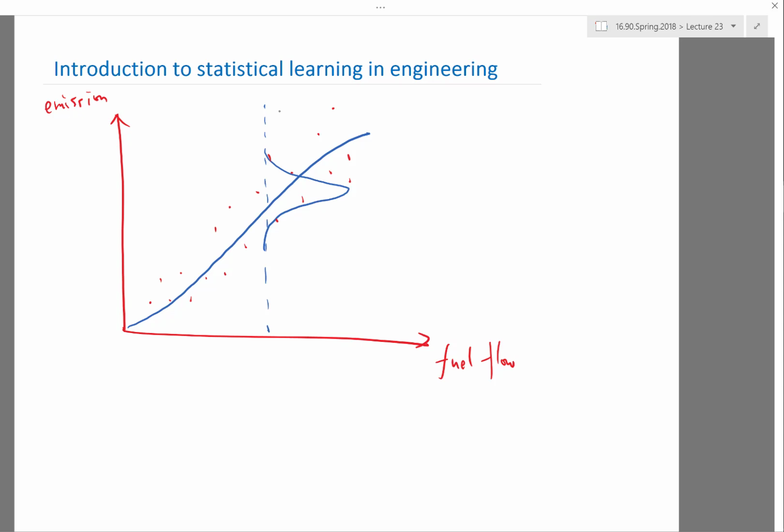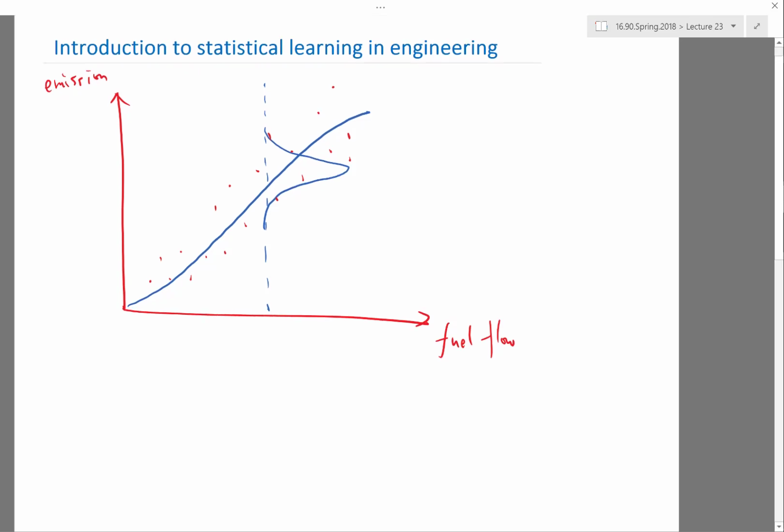At some fuel flow rates I have one data point, at other flow rates I have none. But I need to come up with a model in order to design my flight path, for example. I need a model for the conditional distribution of emission at every single fuel flow rate. There are a lot of examples like this in engineering.